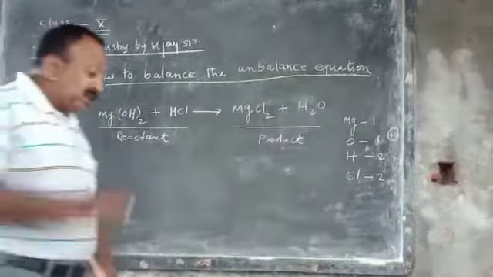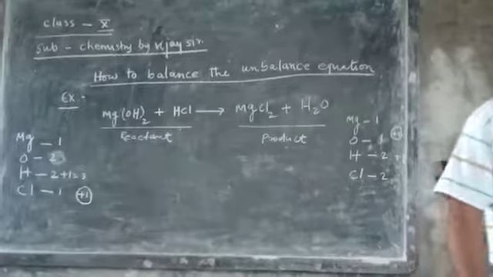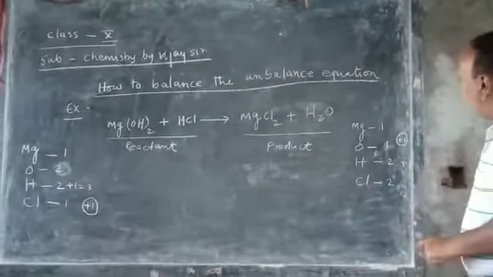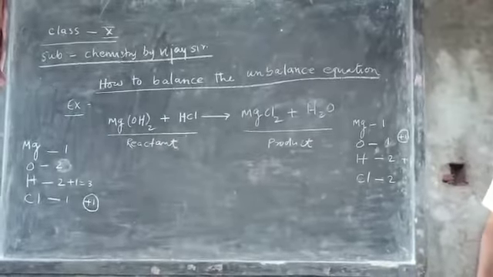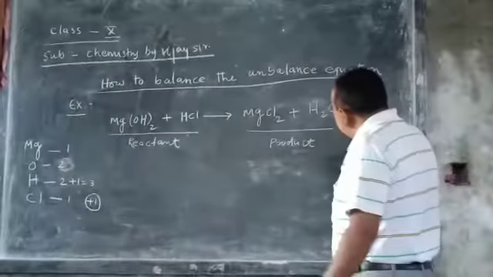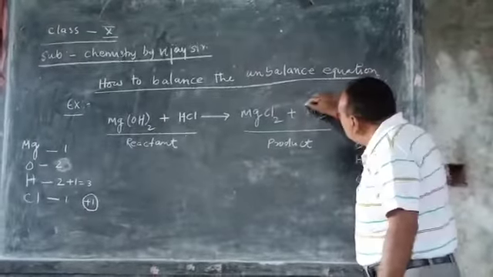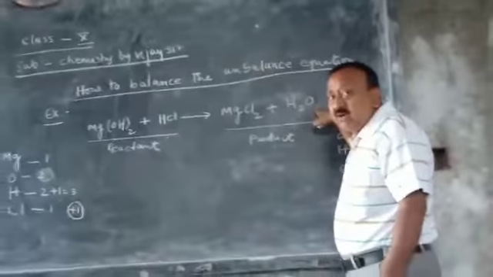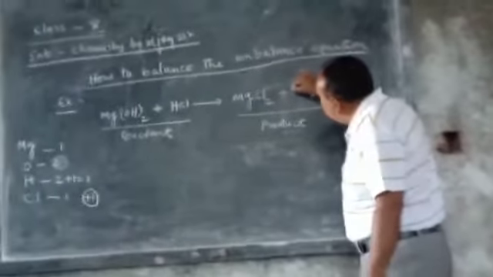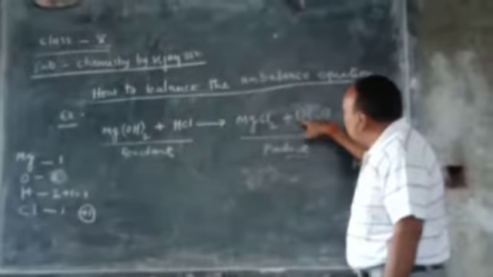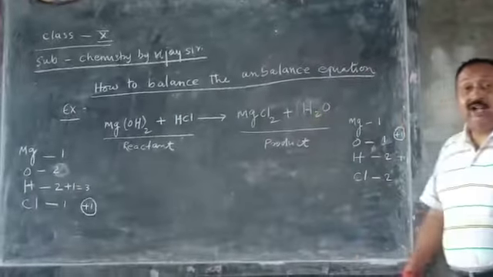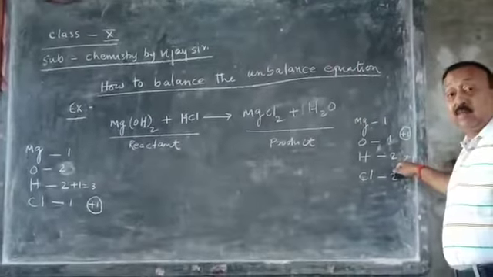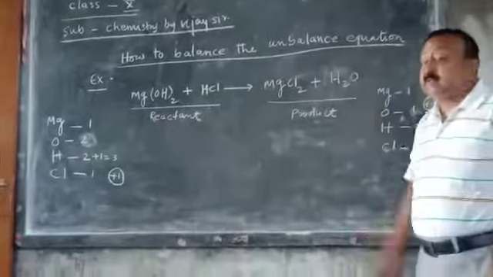And the third tip is we add the numbers of atoms in the coefficient. We know about the coefficient. Coefficient means the numerical value of the molecule or compound. Here H2O is the compound or molecule, but the coefficient is 1. So add the numbers which are less or more in the coefficient.